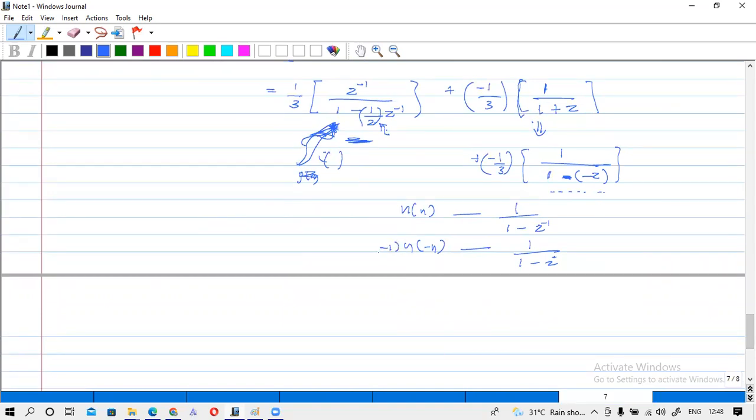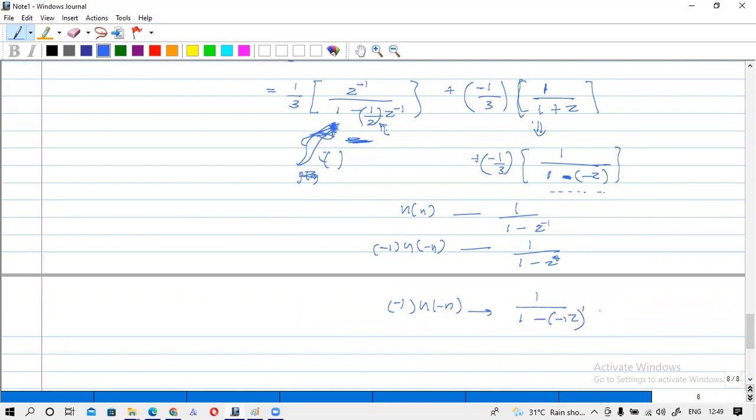So what happened if you scale this by minus 1? You will have minus 1 u minus n. Instead of this z plus, you have to insert minus 1 z, correct?